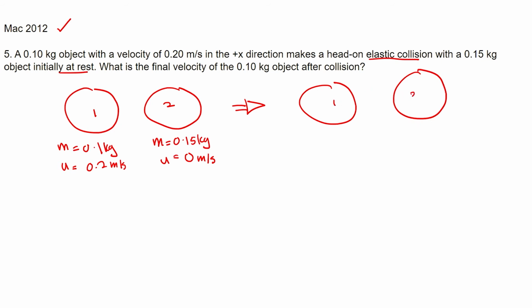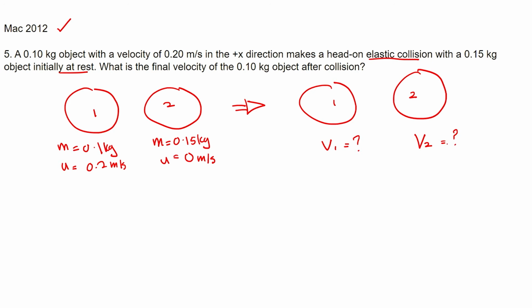Object 1 has V1 and object 2 has V2. So we have two unknowns: what is V1 and what is V2.